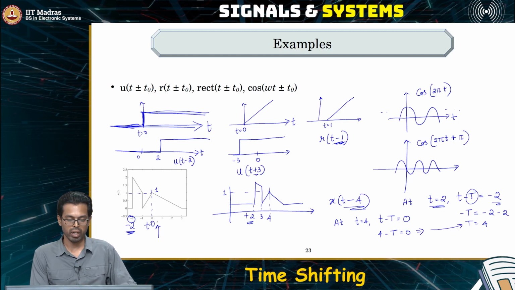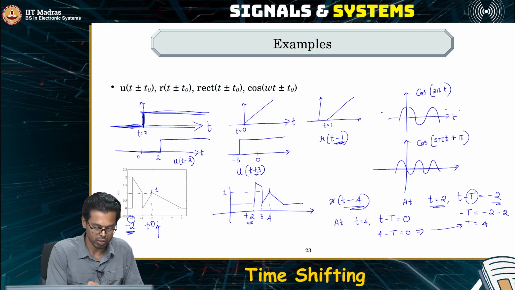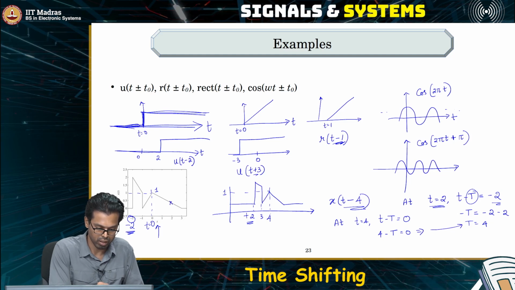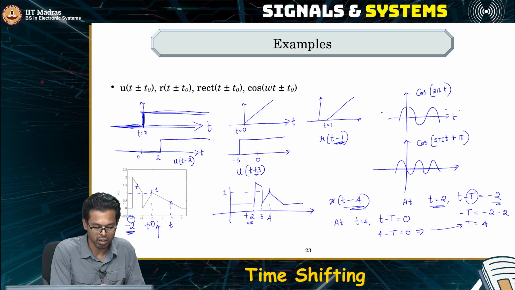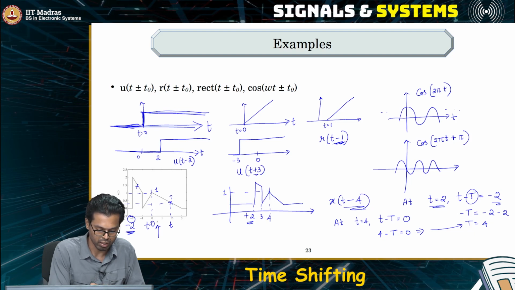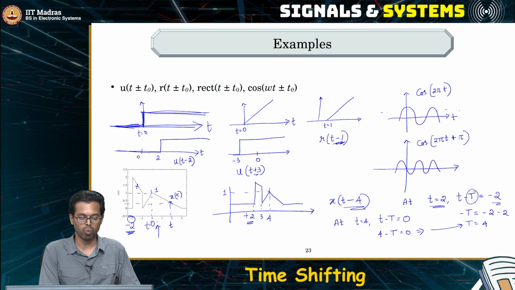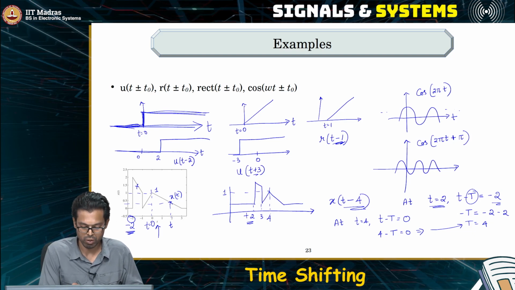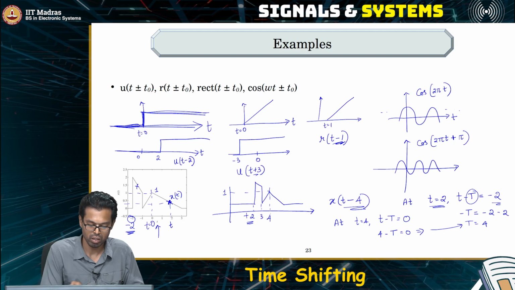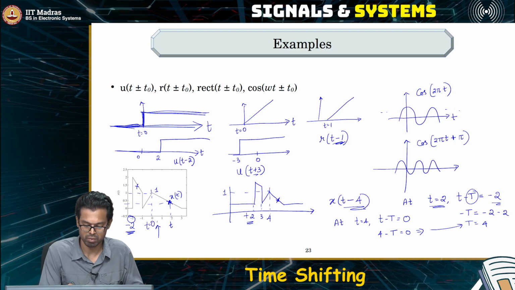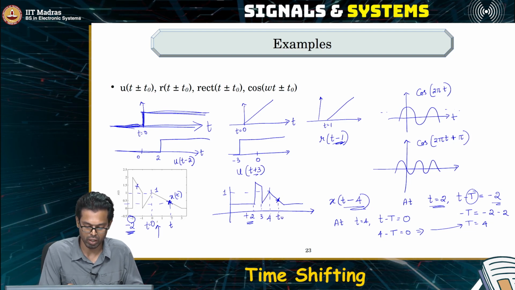So every point that appears in the signal, you can take any point here, you will have the corresponding value of t here and the corresponding value of x of t there. Now what are we saying here? This corresponding point in the signal should appear here, at a new value t naught.